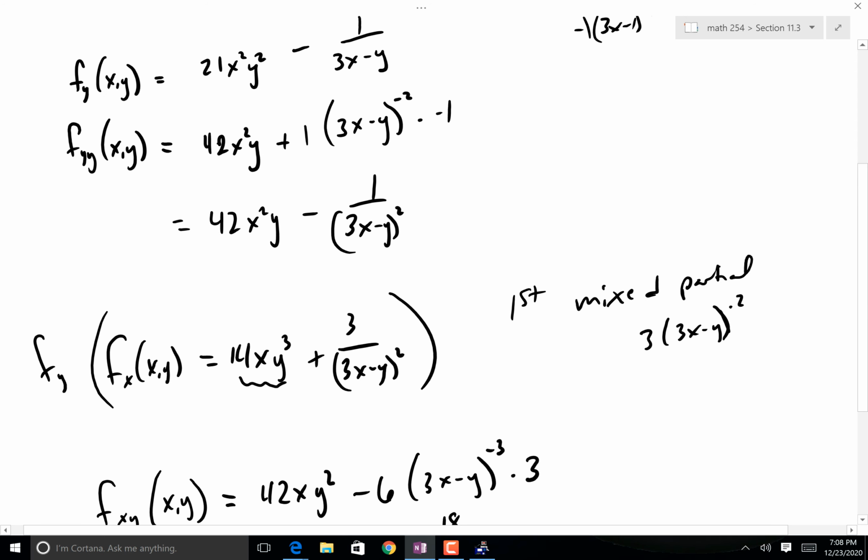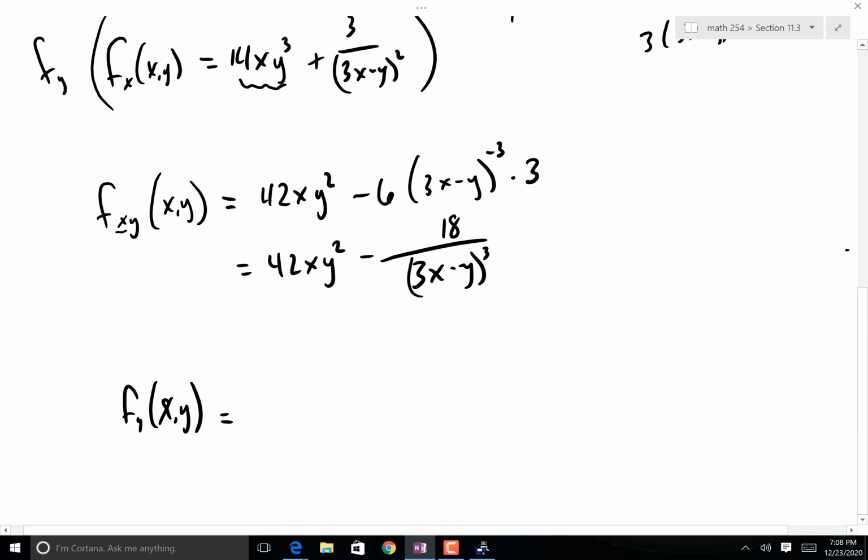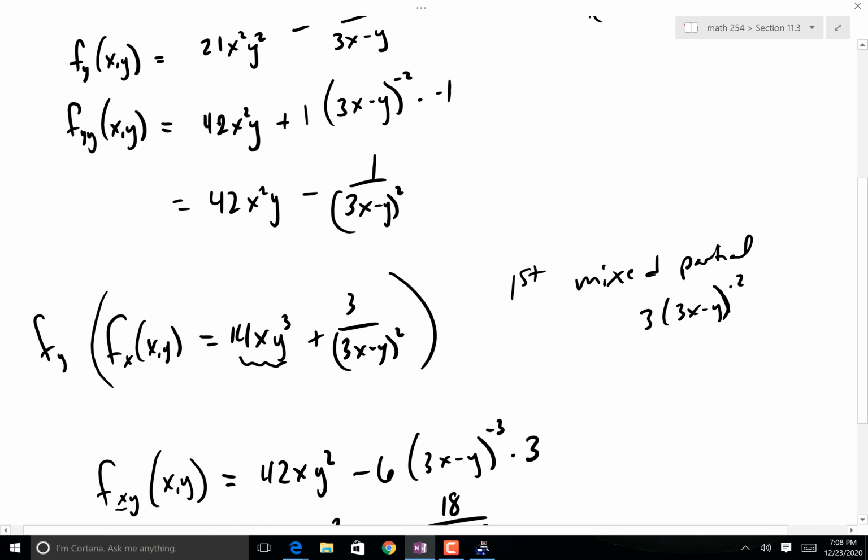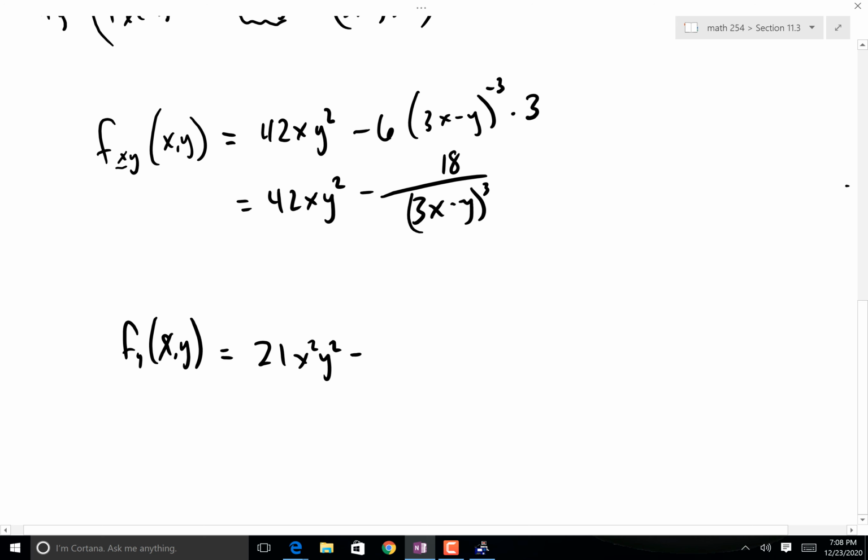21x squared y squared. And then we're going to take the derivative of that sucker with respect to x. And look what happens. You end up with 42xy squared. And of course, this is minus 1.